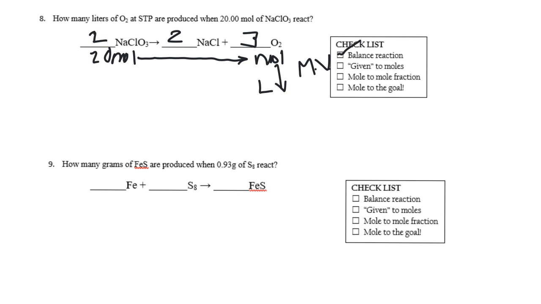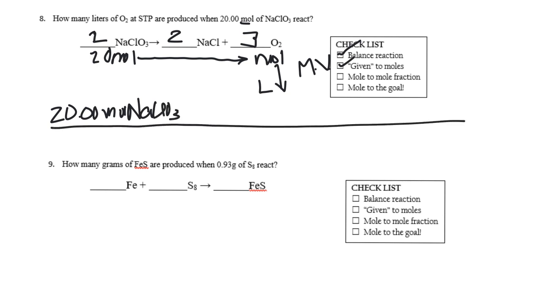So we're now ready to set everything up. Given to moles: I'm given moles in the problem, so I'm already there. So I start with 20 moles of NaClO3, put it over 1. Moles of NaClO3 comes down.